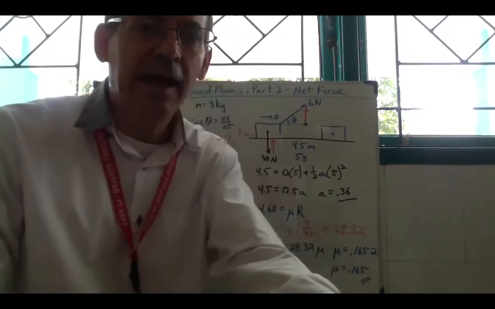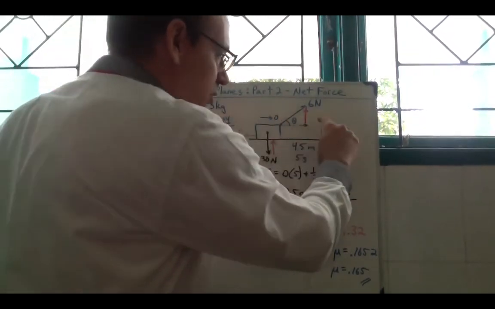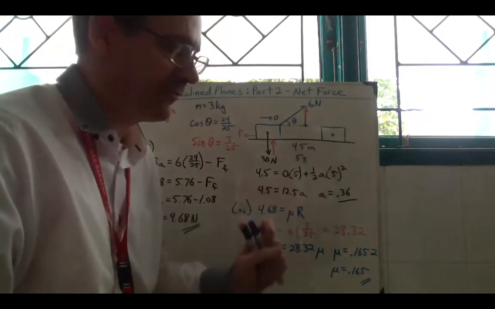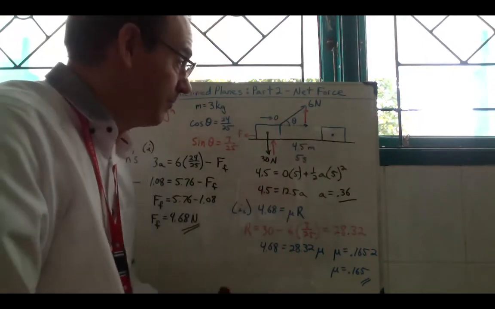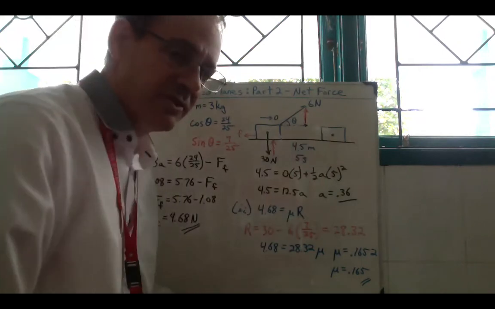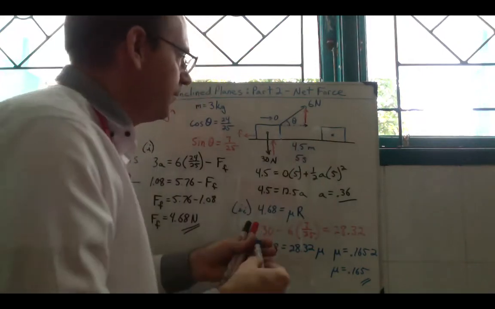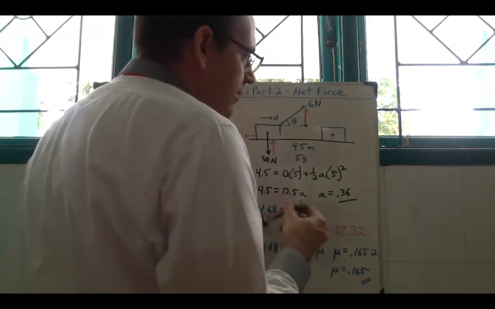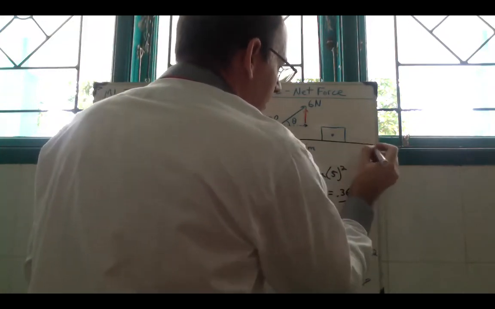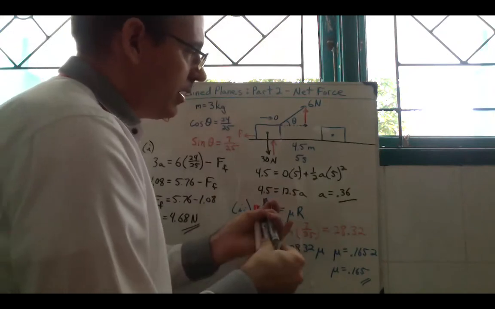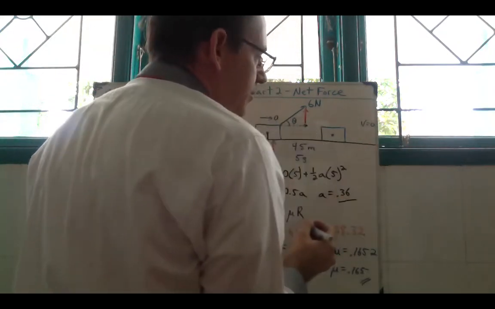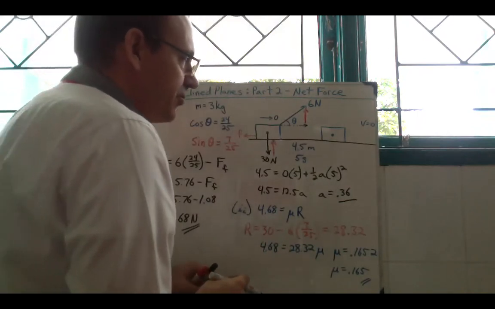Okay, so now our block has come over here and it has reached this 4.5 meter mark. The 6 newtons is now removed, and we're going to continue on here until the block comes to rest. We want to come over here to where the velocity is 0.